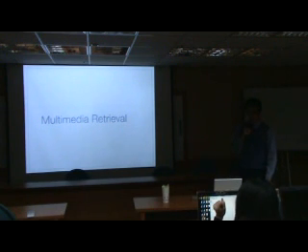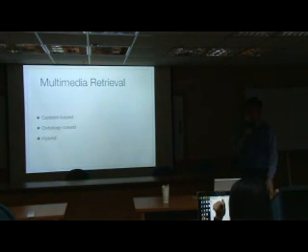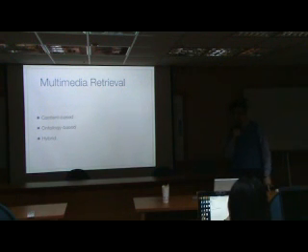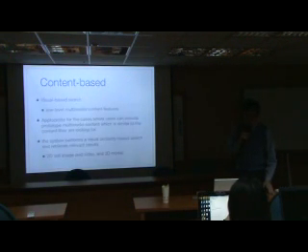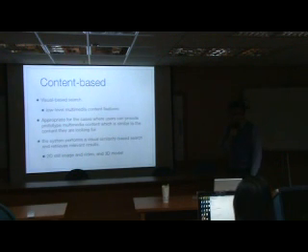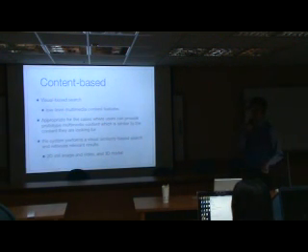Let's see the multimedia retrieval. There are 3 kinds of search strategies I mentioned: content-based, ontology-based, and hybrid. Let's see the content-based. Content-based search is a kind of visual-based search, and it can enable low-level multimedia content features.